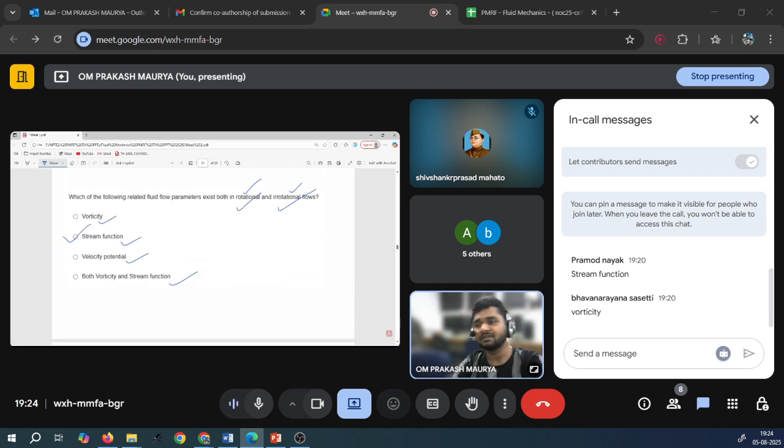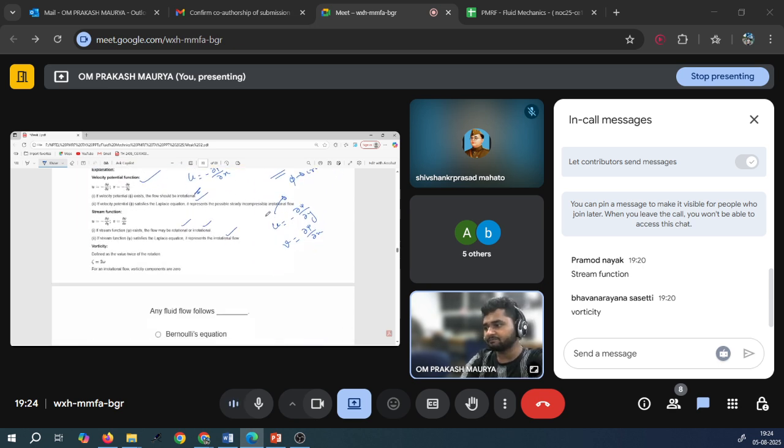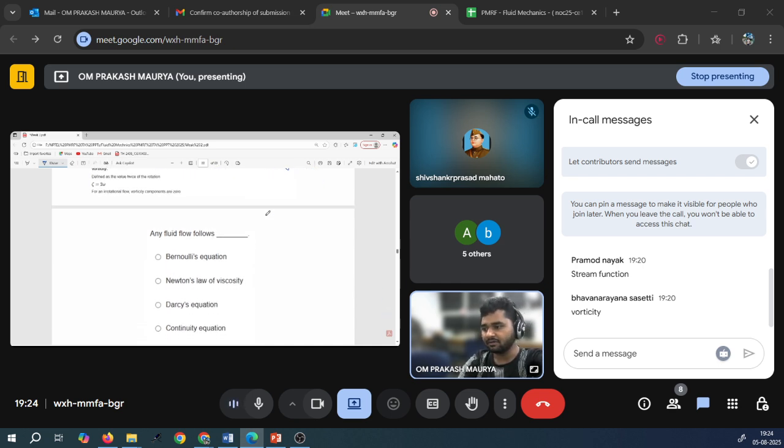It can exist in both irrotational and rotational flow. And what is vorticity? Vorticity is twice the rotation. Always remember. Let us move to the next question.